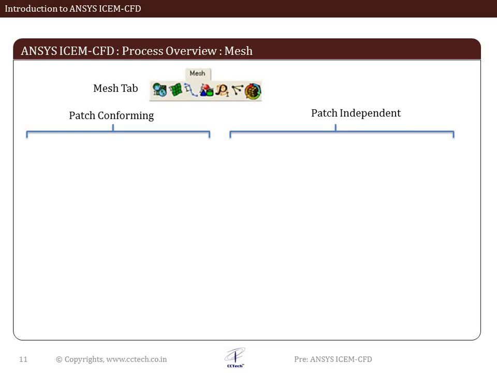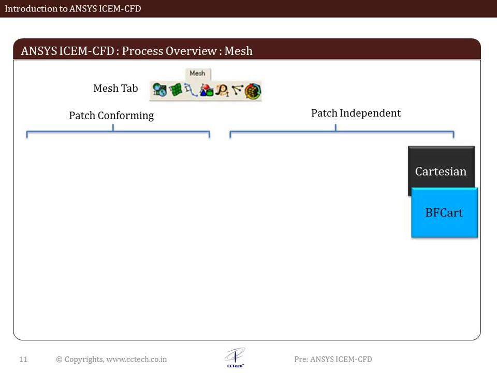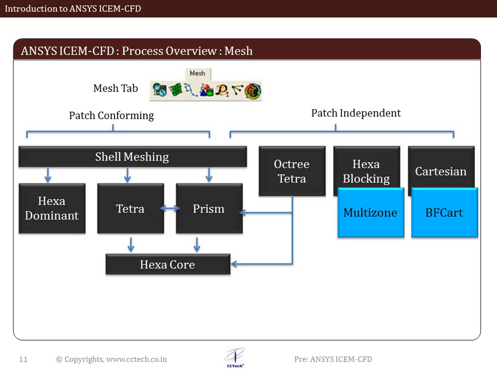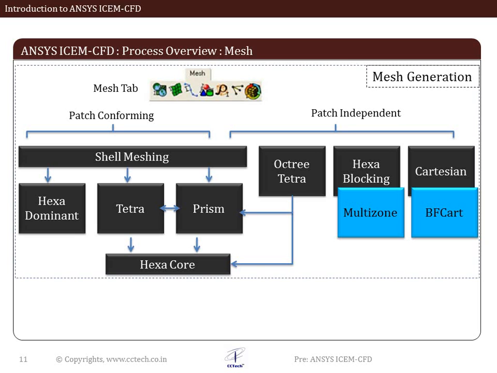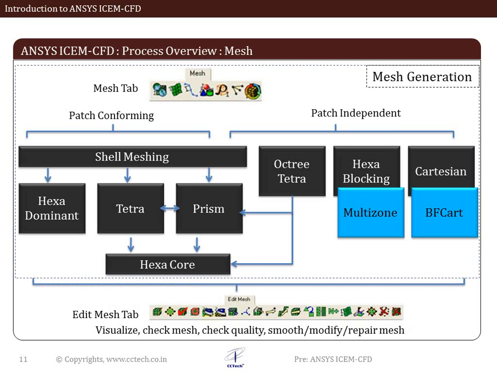In case of patch independent meshing, more than one surface can be combined in a patch simply by removing the in-between boundary curve. This greatly simplifies the complicated CAD model for meshing. As mentioned before, all three methods, namely Cartesian based method, unstructured method, and structured multi-block methods, are available in ICEMCFD. Using all these methods, a grid is generated and, if necessary, is followed by a mesh repair operation.